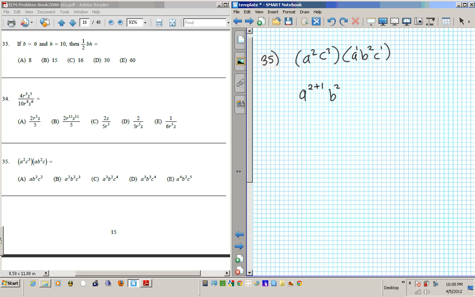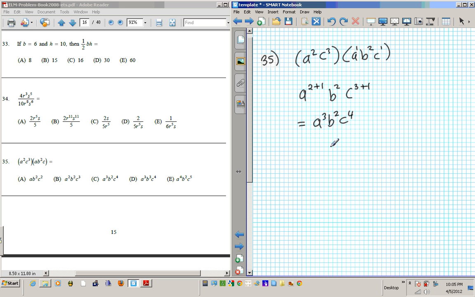B is by itself, it's not being multiplied by anything, so it doesn't change. And then you have c to the third plus 1, since you have the 1 here, okay? So don't forget, when you're multiplying exponents, you add the powers, okay? So it's going to be a to the third, b squared, c to the fourth. That's your final answer. And the answer to number 35 is C.